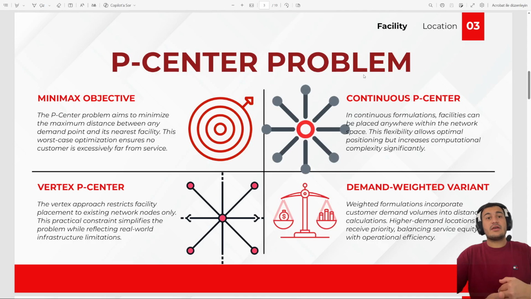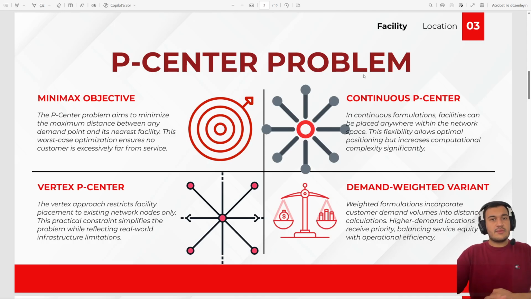There are different types of P-center formulations. The first one is continuous P-center. In this version, you can put a facility anywhere you want in the network space. There are no limitations. This gives you the perfect mathematical position, but it's very hard to calculate because there are infinite possibilities.